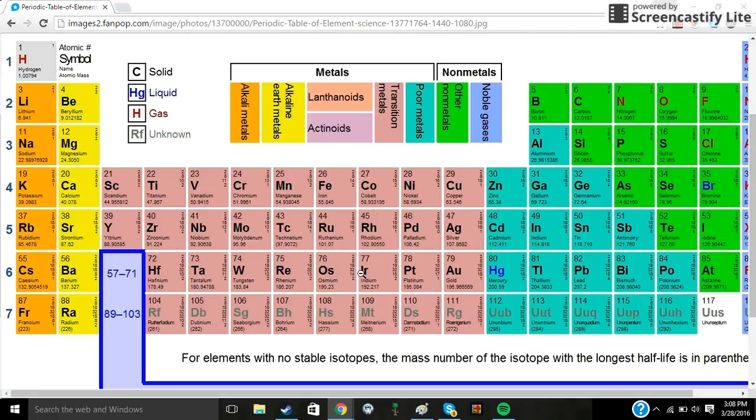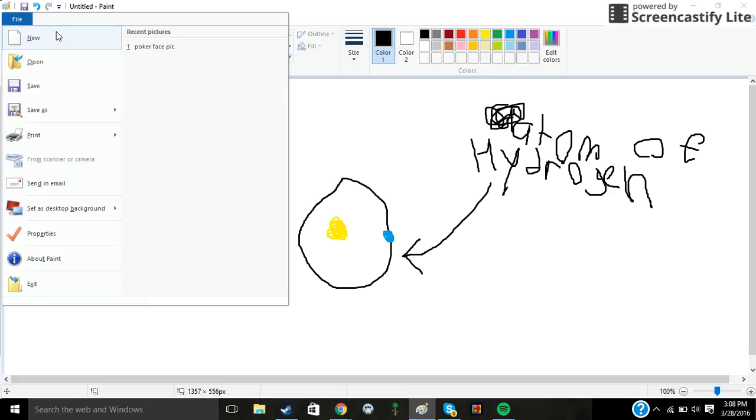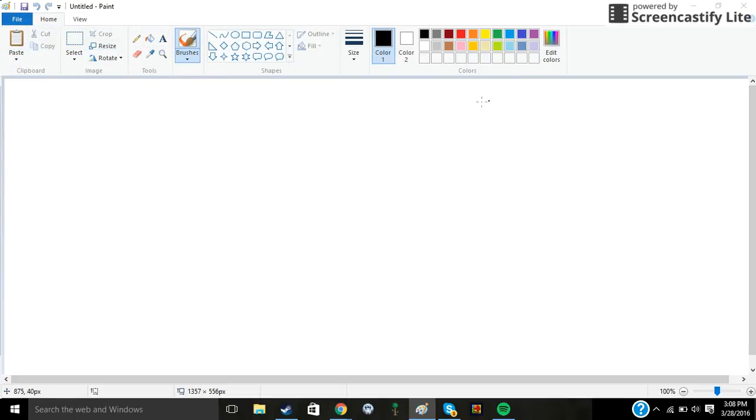What's inside of the nucleus? What is a nucleus? Well, a nucleus is represented by this in my painting, but really, it's made up of a proton and a neutron.